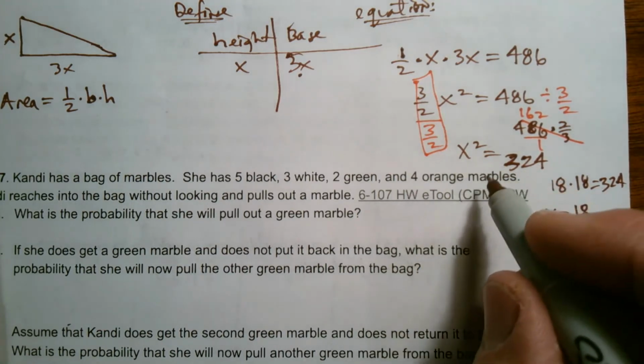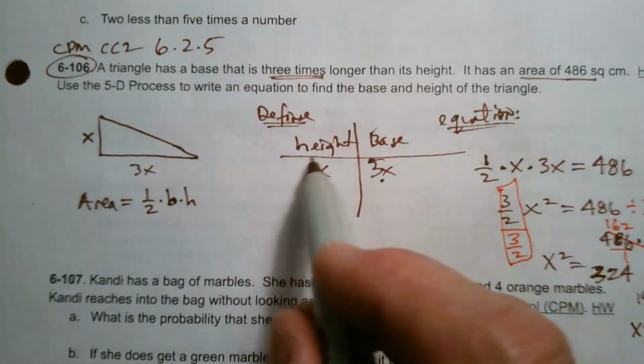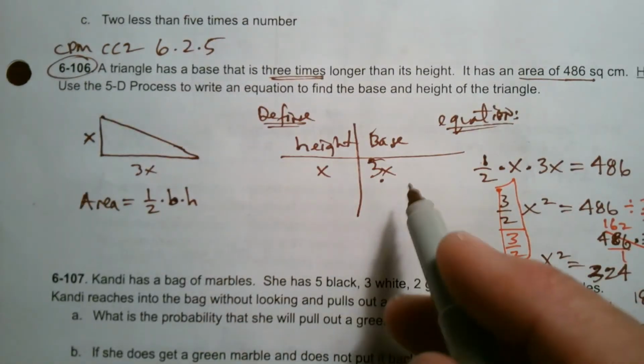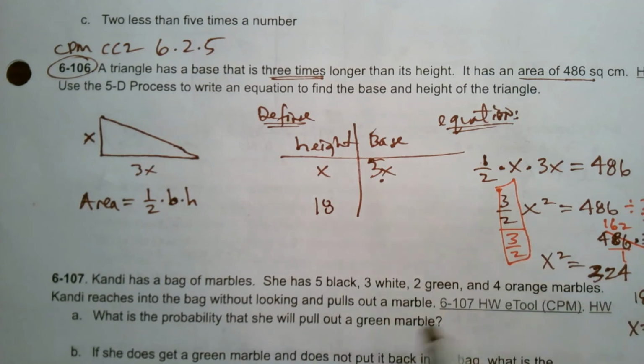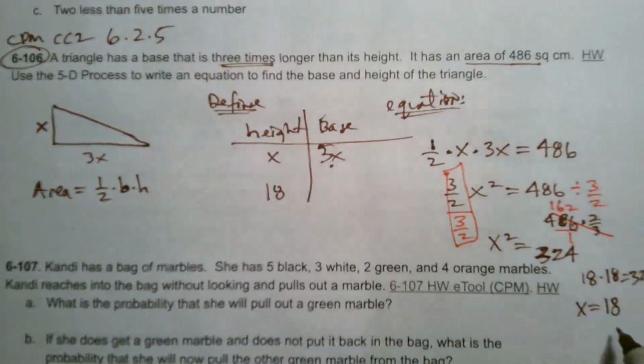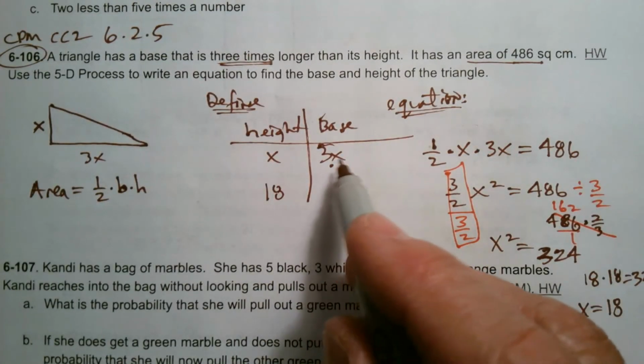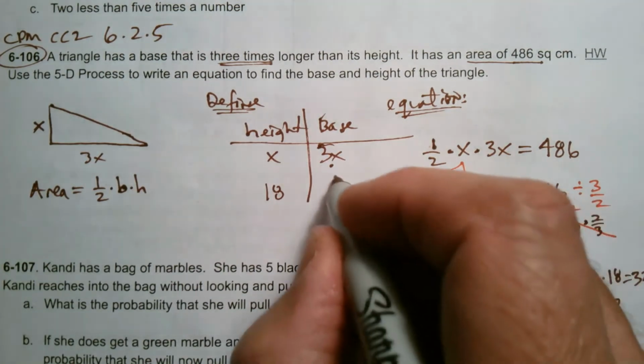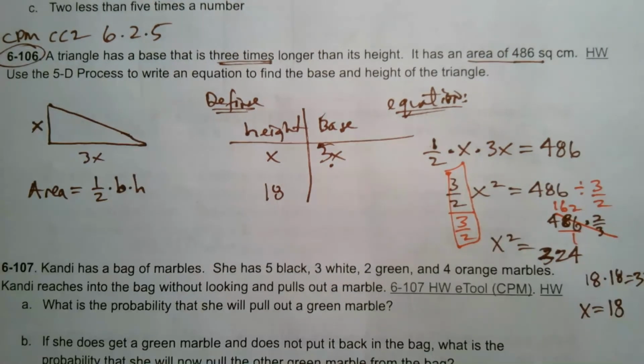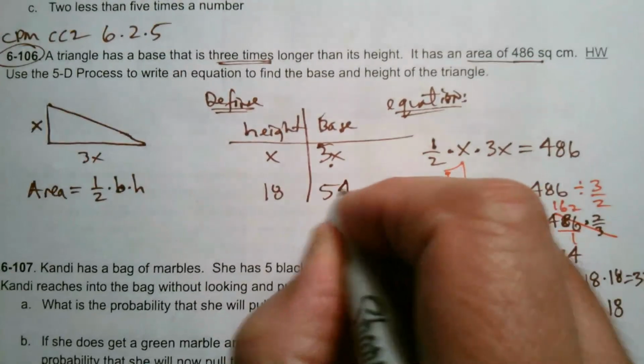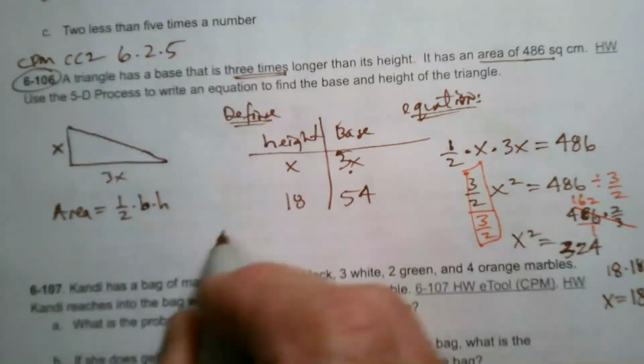Okay. So that now goes back to finding my answer. The height is 18. If x is 18, then the height is 18. And so 3 times 18 is 54. Okay, so we would find my answer.